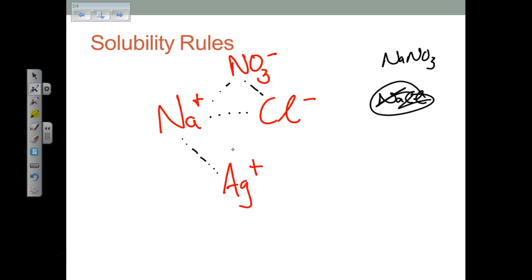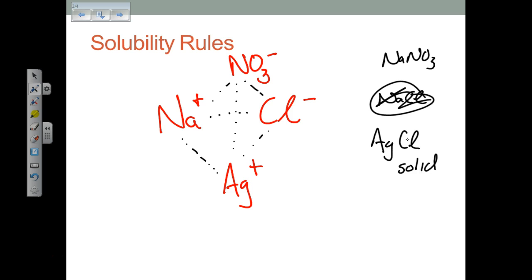And then silver with the nitrate gets us back to the original compound, silver nitrate, which we know would rather be solvated, or would rather be in solution. But then we get to this guy, silver chloride. And silver chloride, these two things come together, they're attracted to each other, and this thing actually becomes a solid.